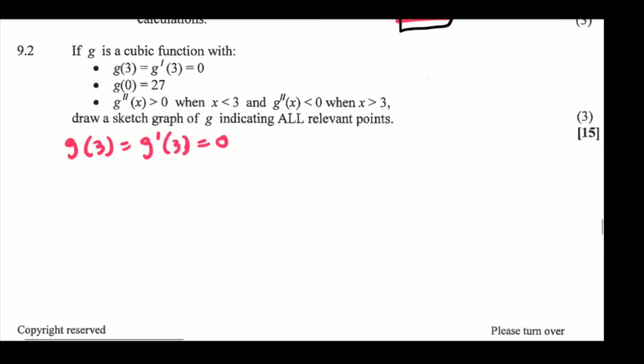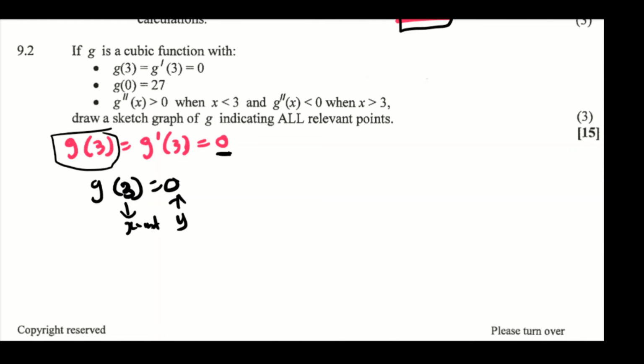So let's first explain this first portion here, which says g of 3. So g of 3 is also equal to 0, right? This 0 here means this is the x-intercept, when y equals 0, right? y equals 0.